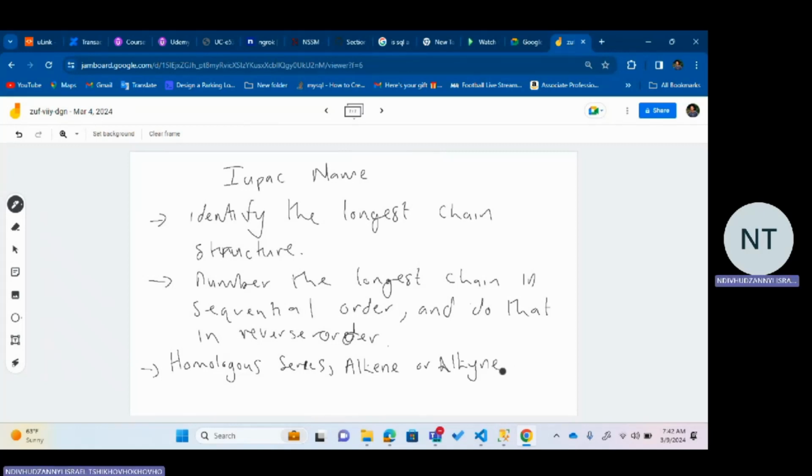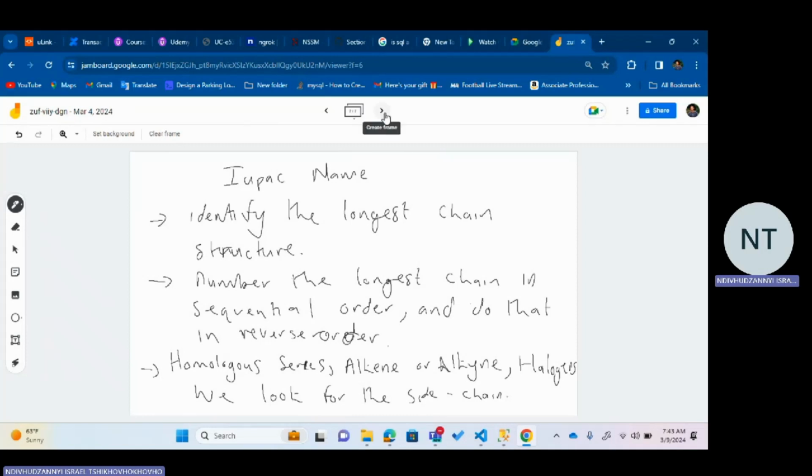Then if these two are not around, we go and look for halogens. Then if this guy is not around, lastly, we look for the side chain. So this is the order of precedence that we are going to follow. For now, we only have these 3 rules, right? Then I'll introduce other things or little details further as we're doing the naming.